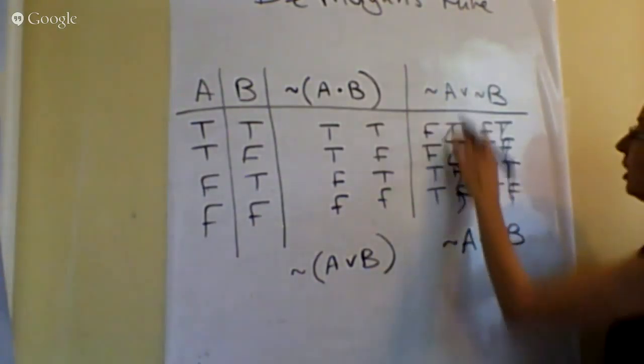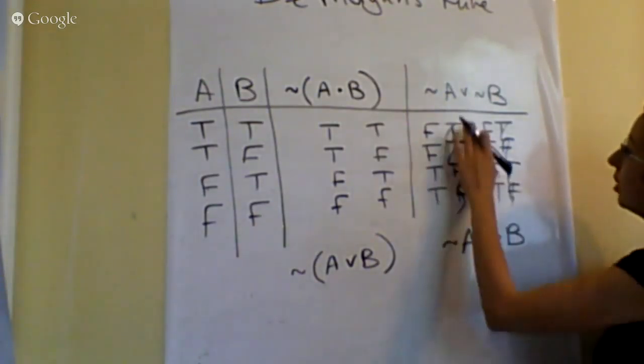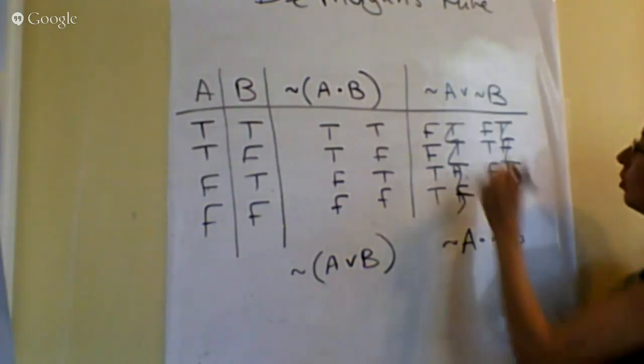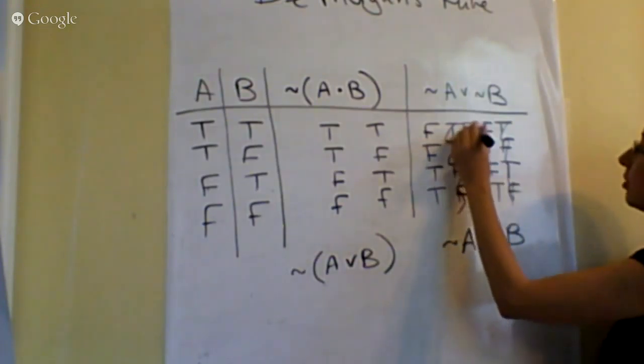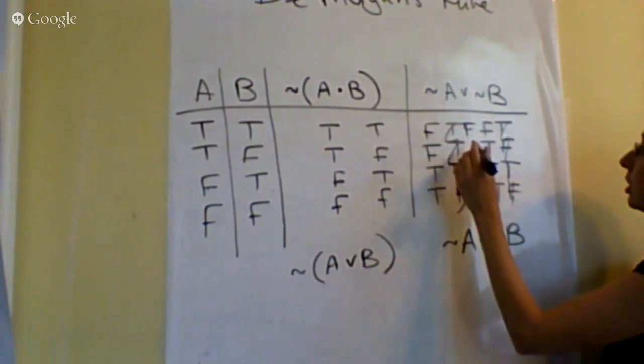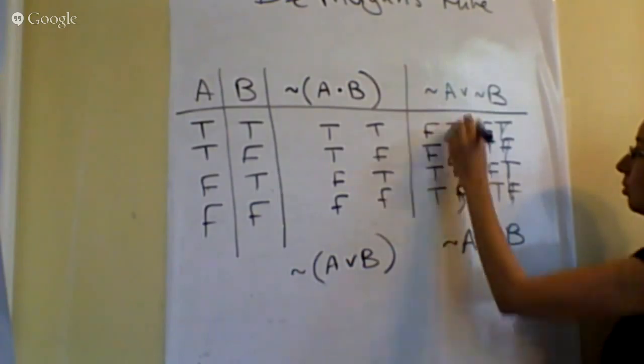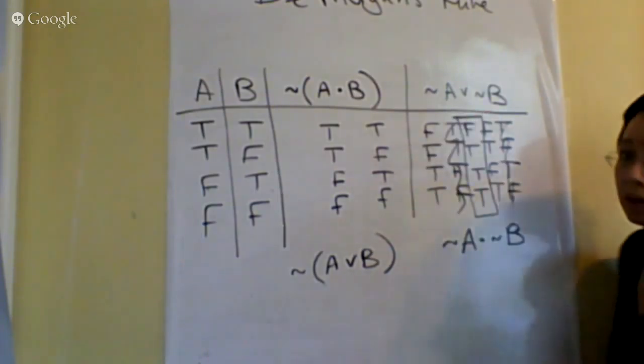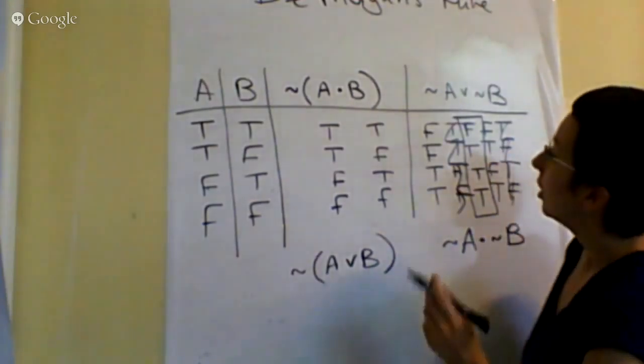Okay, what's next? Well, we can just do this one, right? And we know that with our nice inclusive or, the only way that is false is if the variables on both sides are false. All the rest of these will be true, and we can draw our rectangle around them.